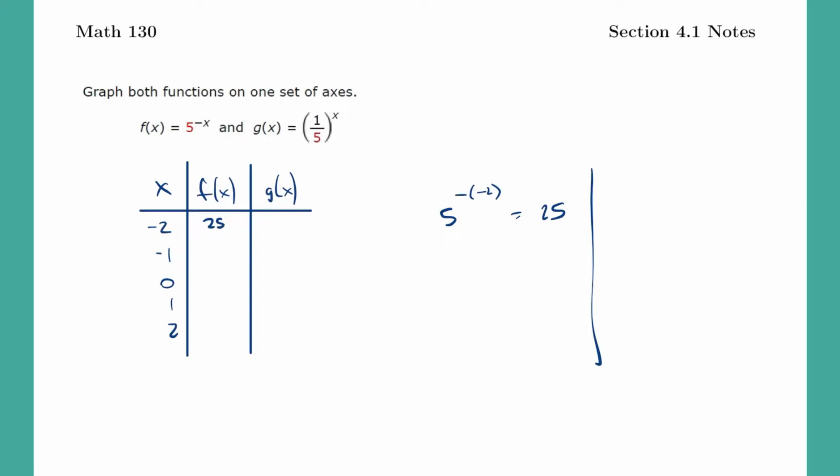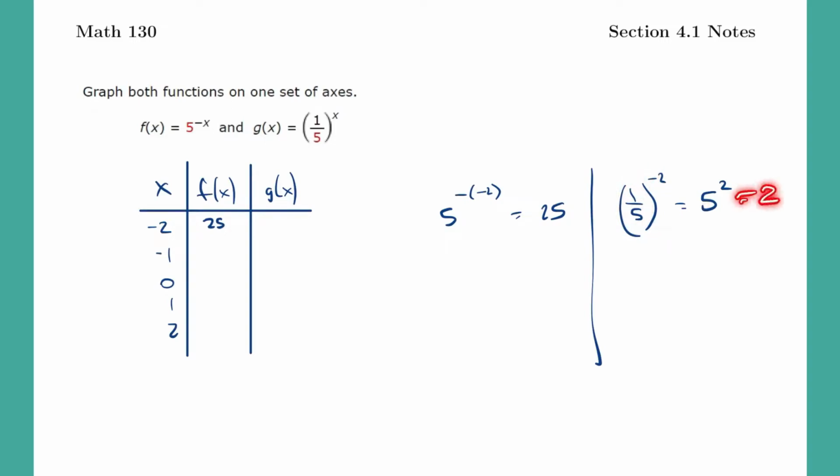If you do the g function, you're going to get 1/5 to the -2, which means take the reciprocal, and it's going to become 5 to the +2. That's what happens when you raise a base to a negative exponent. You're supposed to take the reciprocal of the base. So the reciprocal of 1/5 is 5, and then the exponent becomes positive.